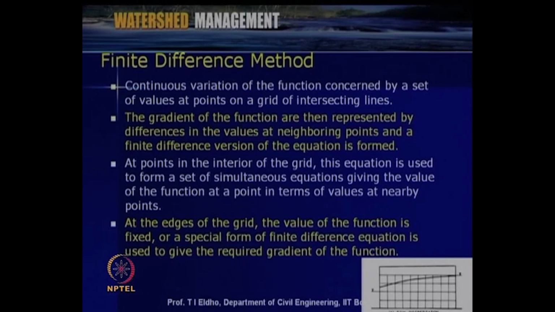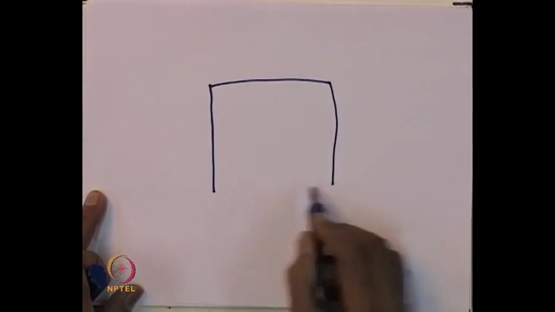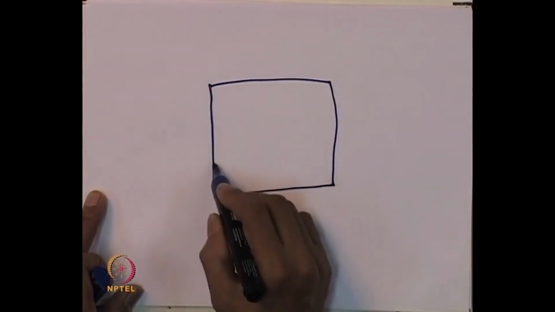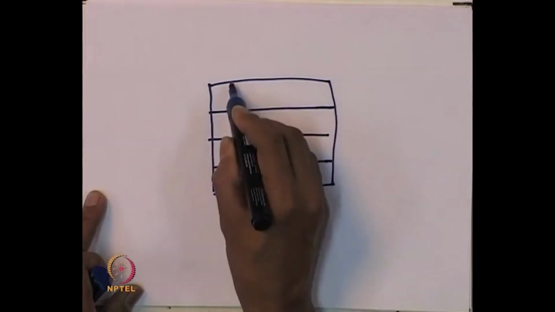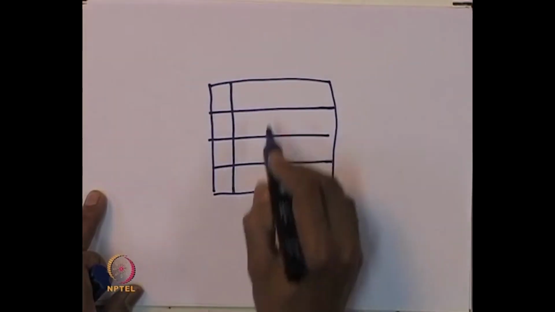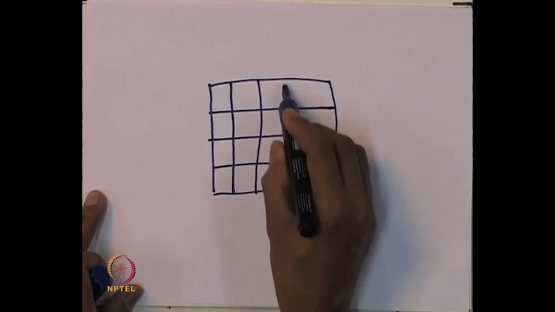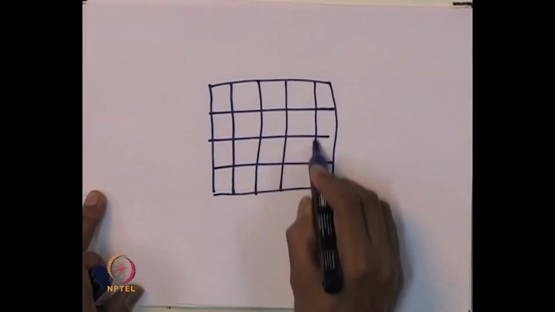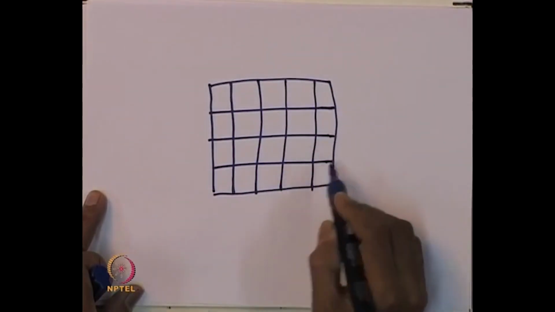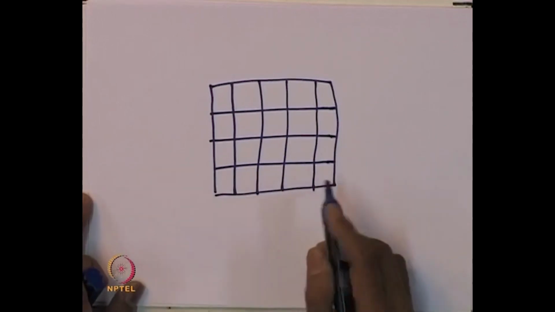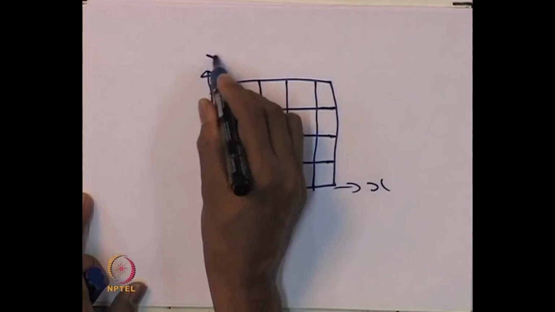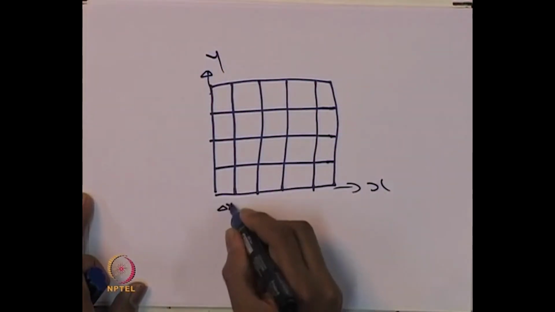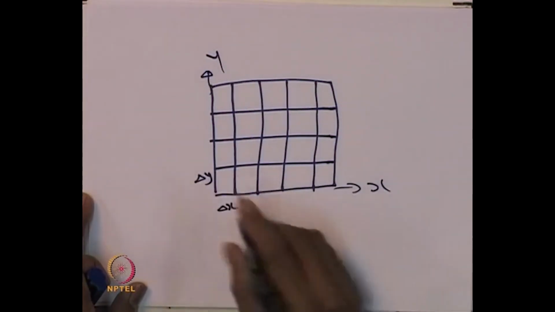We can discretize the domain using rectangular or square grids, and then consider the governing equations. Here, for two dimensional modeling, this is x, y, this is delta x, and this is delta y.